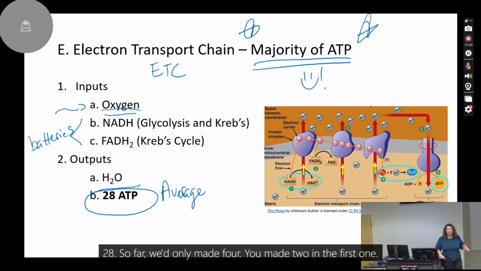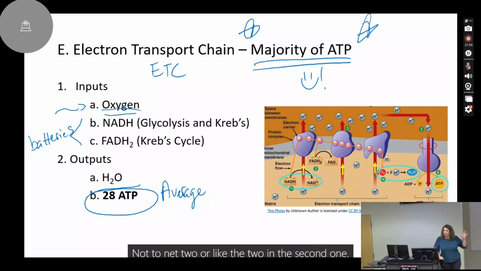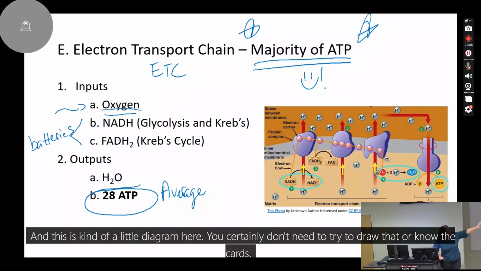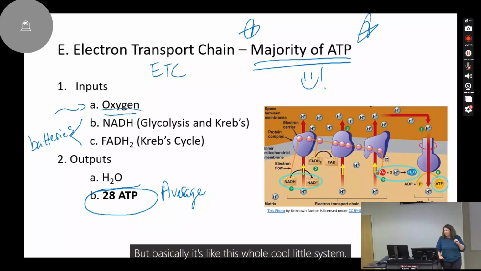28. So far, we'd only made 4. We made 2 in the first one, net 2, and the 2 in the second one, and now we've made 28 ATP. And this is a little diagram here. You certainly don't need to try to draw that or know the parts, but basically it's this whole cool little system.